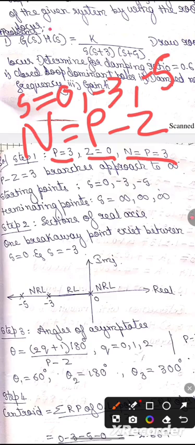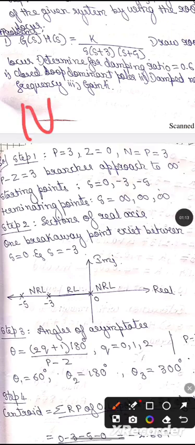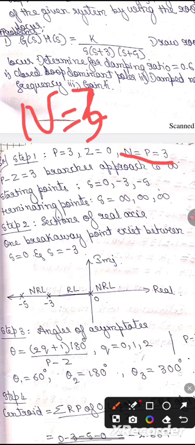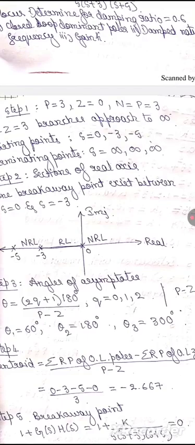Remember, poles are always in the denominator and zeros in the numerator. So n is equal to 3, the number of branches is 3 because p minus z is 3. Next, the starting points we have already discussed, and the terminating point is always infinity.